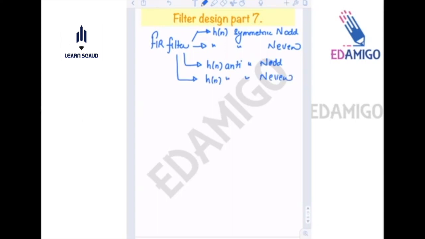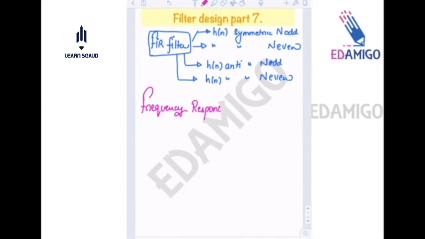So these are the four conditions of the FIR filters. We have seen that in the previous part. Now in this part we will be looking at the frequency response of these four cases. A very simple kind of question can be asked, and how to tackle that question we will be looking in this lecture.